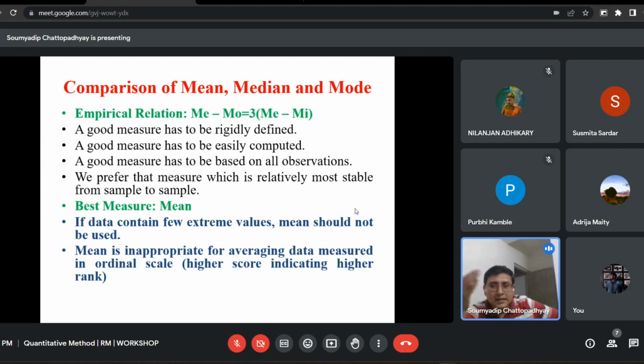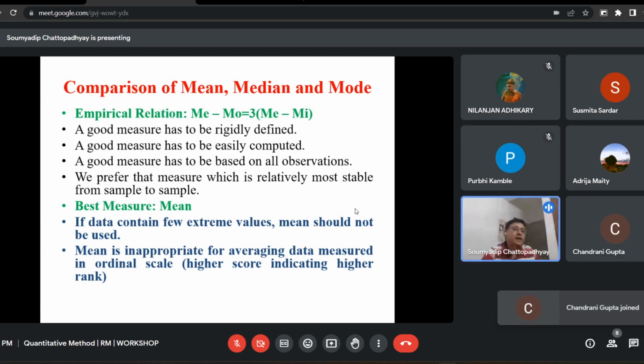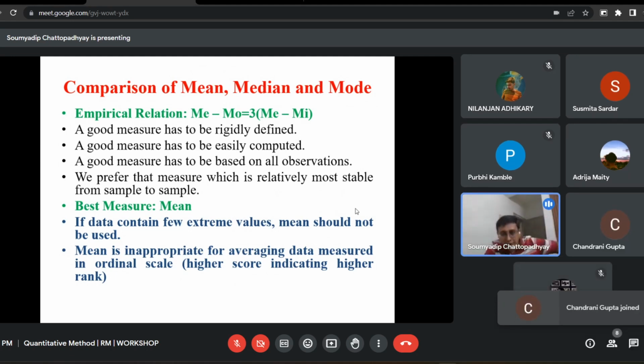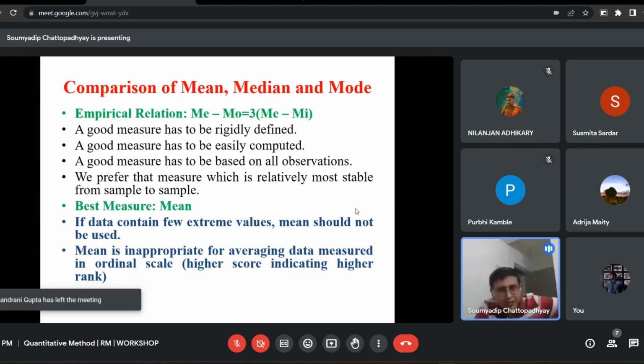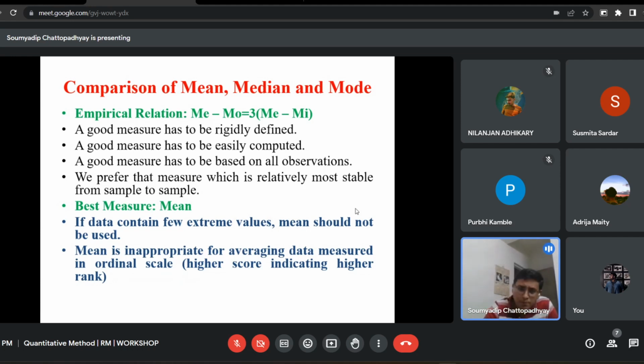If you consider these three measures of average, mean, median, and mode, then mean will emerge as the best measure, because it has a formula which is rigidly defined, it can be easily computed, and it is based on all the observations. But as I already mentioned, if the data contains a few extreme values, then mean should not be used, because there is a high chance of the mean being affected by those extreme values.